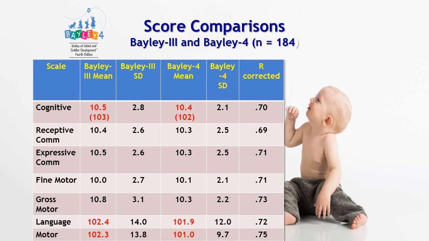The mean age was 19.2 months. The days between the counterbalanced administration was 10.3. And as you can see, there's very little difference between the Bayley-3 and Bayley-4 scores.